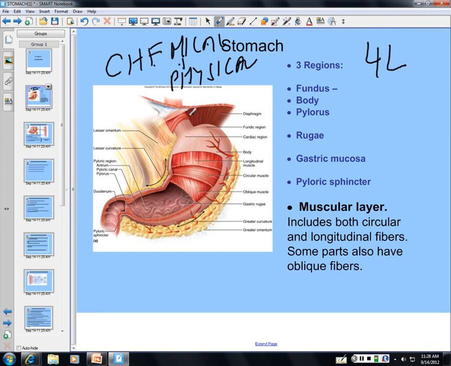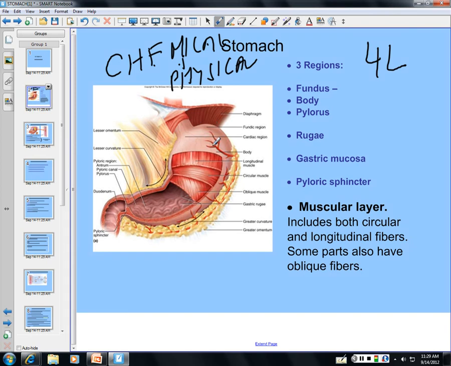There is, of course, the cardiac part, which is near the heart, and is surrounded by an orifice through which the food enters the stomach. Here is the fundus, which extends above the esophagus right here.